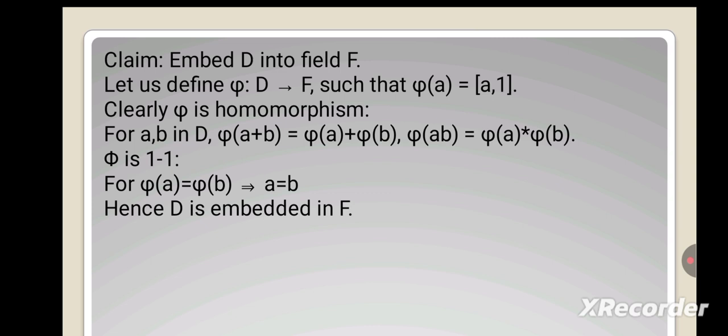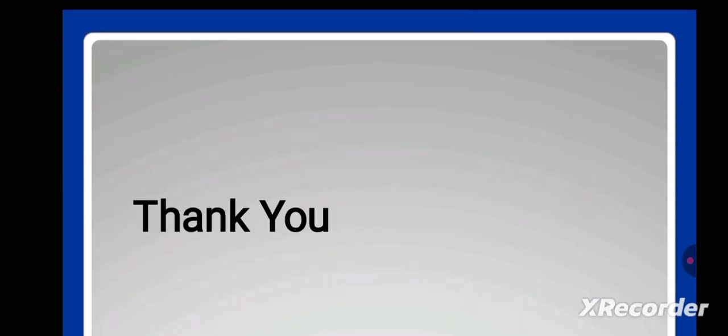Clearly, pi is a homomorphism. For a, b in D, pi of a plus b equal to pi of a plus pi of b. Also, pi of ab equal to pi of a into pi of b. Now, pi is one to one, as pi of a equal to pi of b implies a equal to b, hence D is embedded in F. Hence the theorem is proved. Thank you.